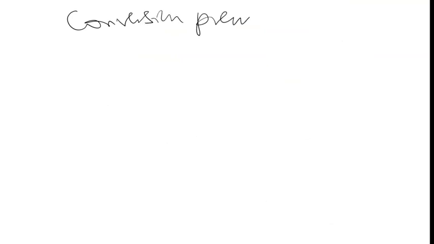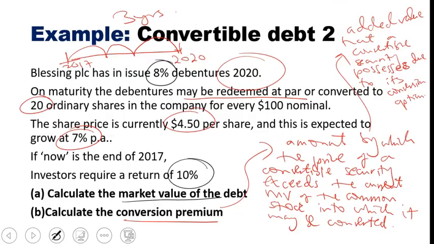So we are done. And then the conversion premium, we said this is the amount by which the price of a convertible security exceeds the current market value of the common stock. So the current market value, we are told that this is $4.50.